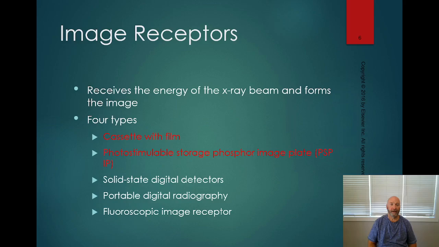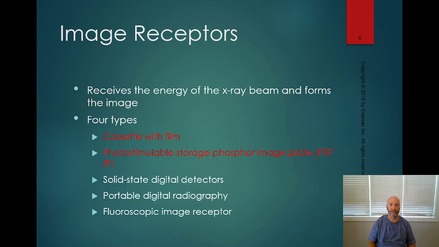So in the cassettes with films and in the CR systems, you may have multiple image receptor sizes. With a DR system, you're going to make an exposure, your system is going to clear that exposure, and you're going to be ready to make another exposure. With your photostimulable phosphor plates in CR systems, you can only put one exposure on that plate.